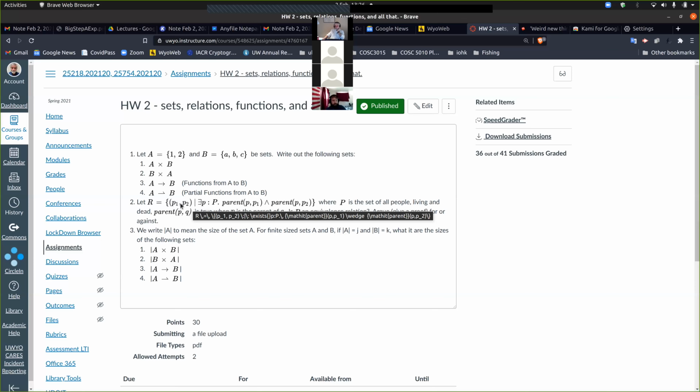So this is symmetric. It is reflexive, and transitive it's not, because it's possible that you share a relationship with someone that shares a relationship with one parent of yours, and then they may share a relationship of being a sibling with someone that has no parents of yours. So it's not transitive.